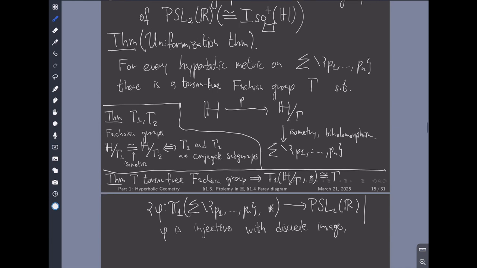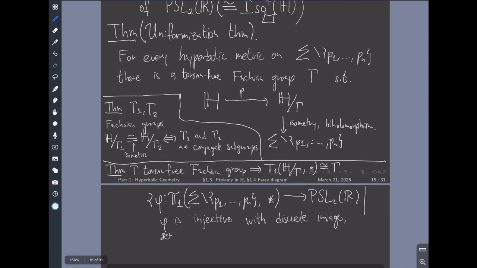And sending peripheral elements to parabolic Möbius transformations.